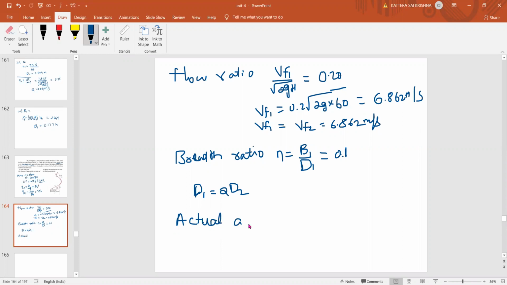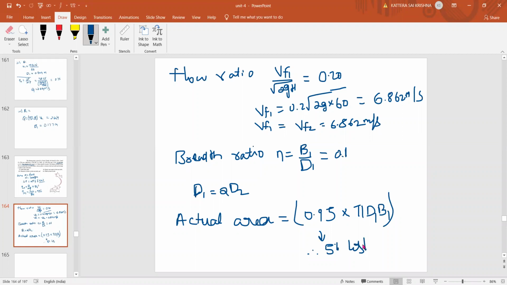So actual area I'm taking here in this case only for this problem, because he gave 5% is lost, equal to 0.95, since 5% is lost, leftover is 95% only, into pi D1 B1. Okay, so remember, since 5% lost.